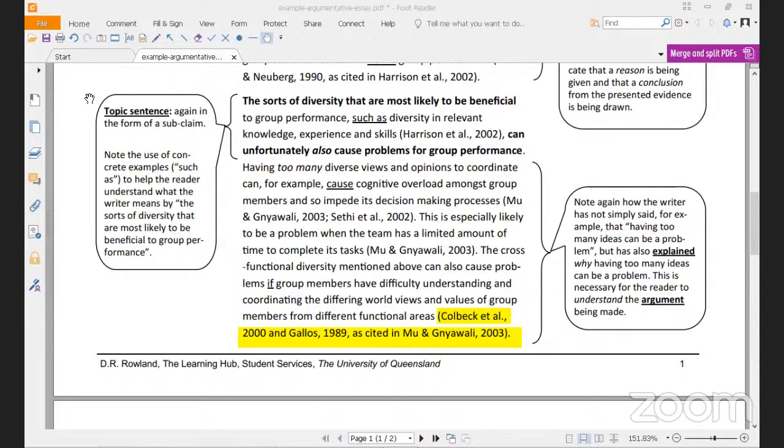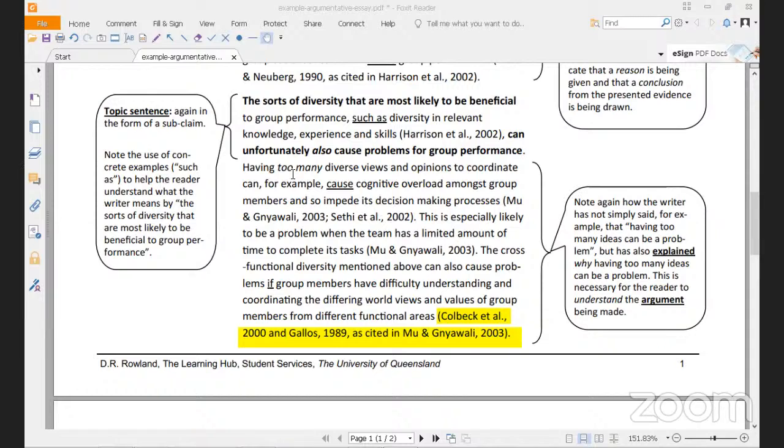This is especially likely to be a problem when the team has a limited amount of time to complete its tasks. The cross-functional diversity mentioned above can also cause problems if group members have difficulty understanding and coordinating the differing world views and values of group members from different functional areas.